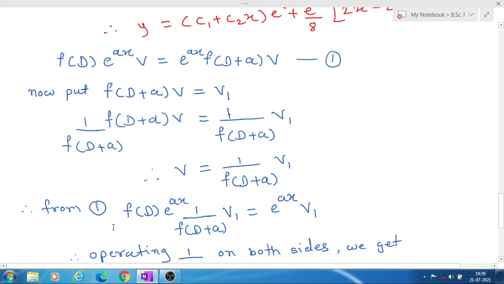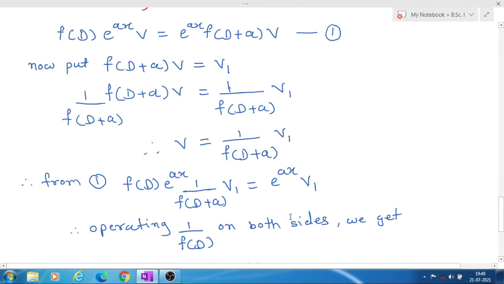Therefore this equation 1 becomes f(D) e raised to ax into the value of v, which is 1 upon f(D plus a) v1, is equal to e raised to ax, and for this we have substituted v1, so e raised to ax into v1. So this equation becomes this.